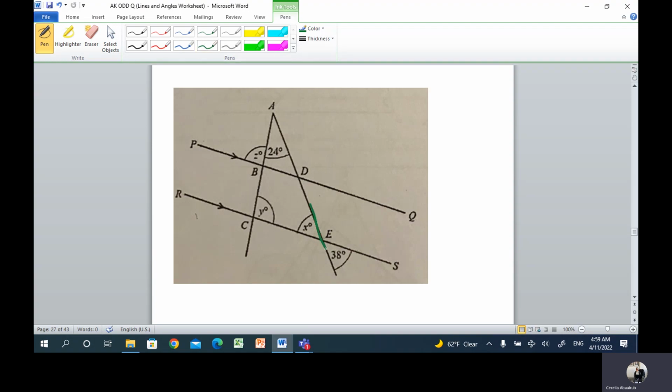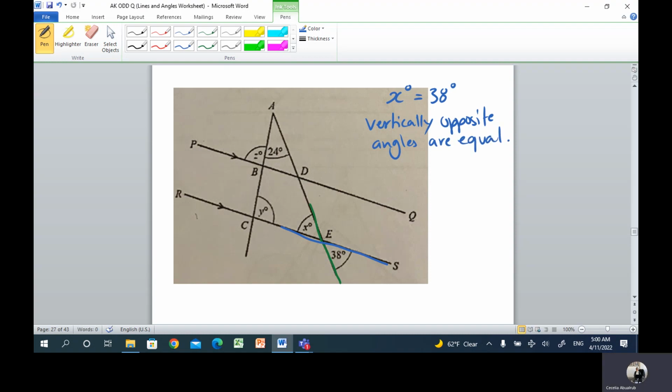So if this is a green line and this is a navy line, then the angle between the green and the navy are equal. So we're going to start with x is equal to 38 degrees because vertically opposite angles are equal.